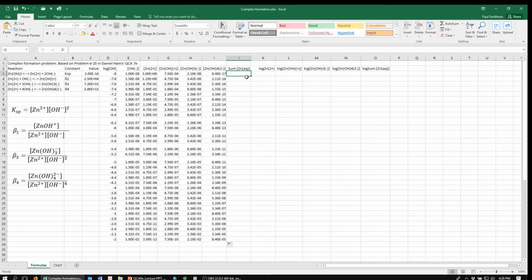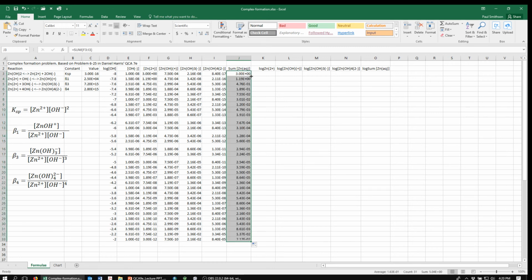And now we will sum all those up to get our total zinc concentration. Whoops, don't need the hydroxyl, just want the zinc-containing complexes. All right. And now, since we're going through several decades of concentration, we'll take the log.